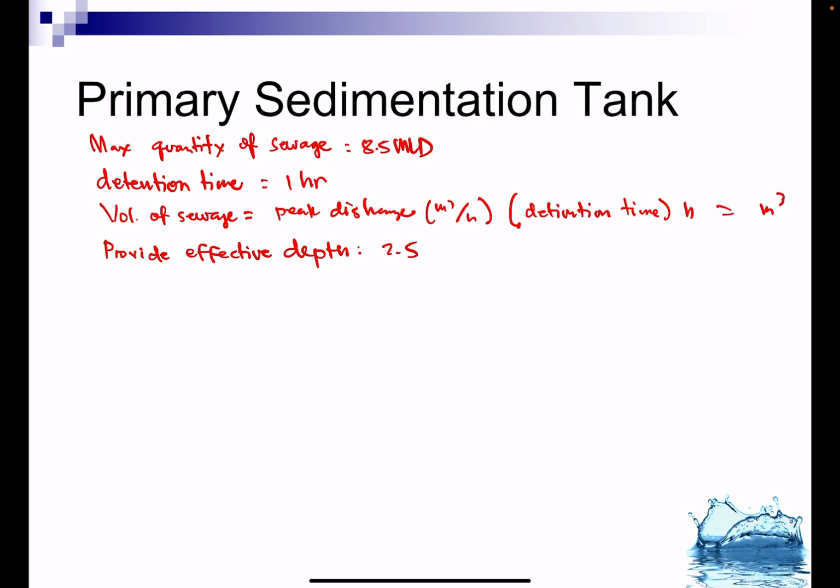If you know the depth, you'll get to know the surface area of the tank, which is basically your total flow divided by the surface loading.